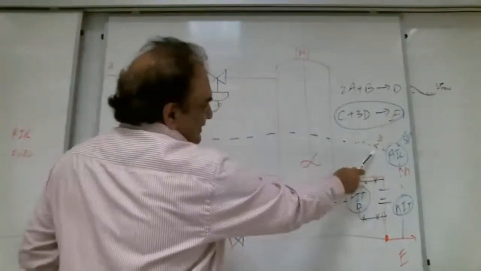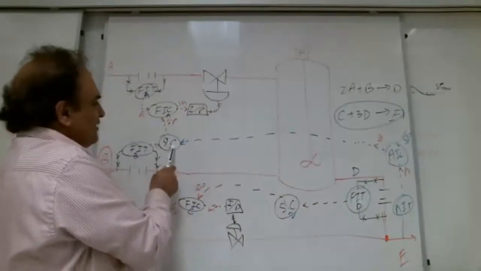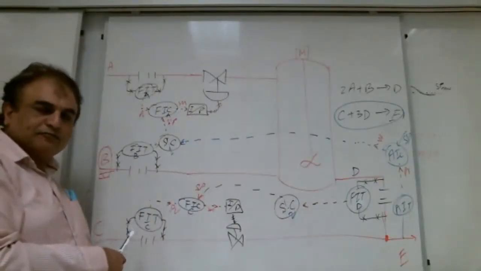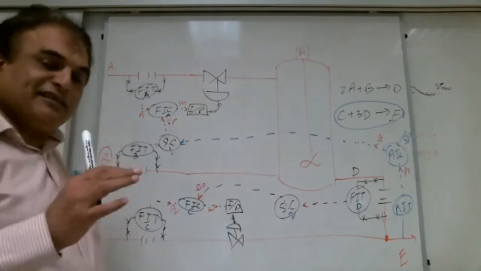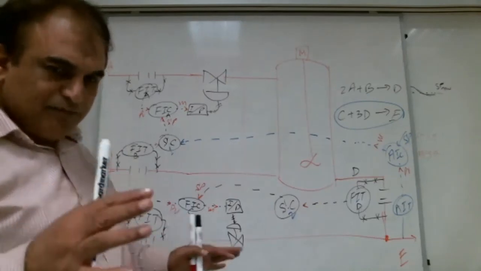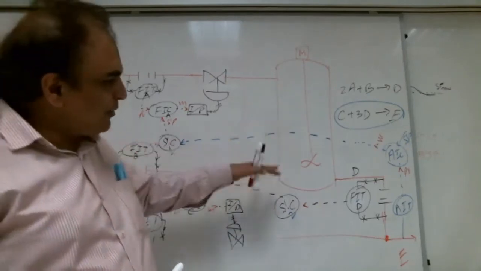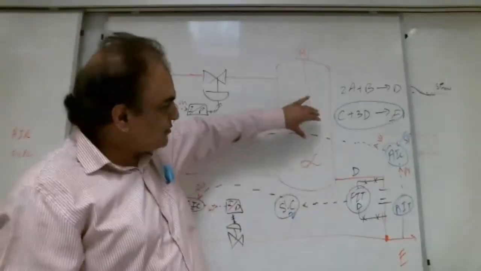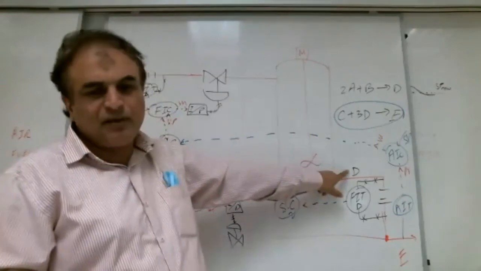That's why we are bringing the analyzer control signal with signal calculator 1. Now imagine there is a case where the owner of this plant told you, don't worry about the D, we have a special arrangement, D is always perfect.